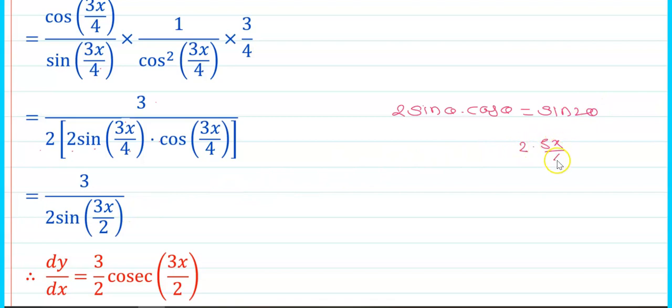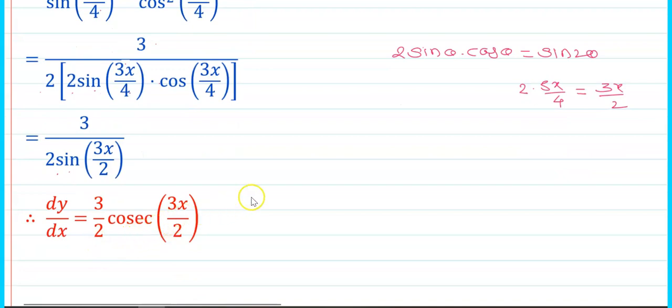It's 3x upon 4, and that is nothing but 3x upon 2. Okay. And therefore this is 3 as it is, or 2 as it is. This is sin of 3x upon 2. 2 times sin of 3x by 4 into cos of 3x by 2. That makes sin of 3x by 2. Sine's reciprocal is cosec 3x by 2. And hence the answer dy by dx is equal to 3 by 2 cosec 3x upon 2.